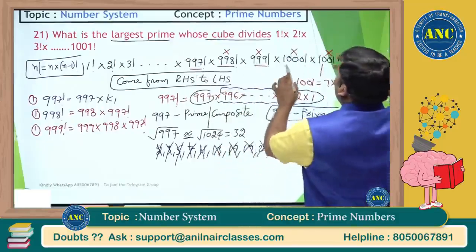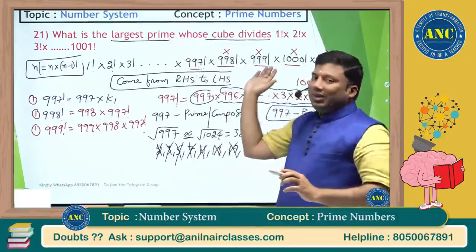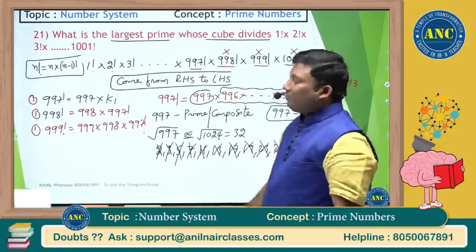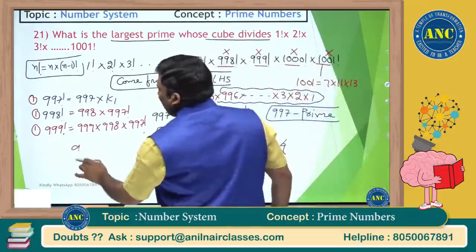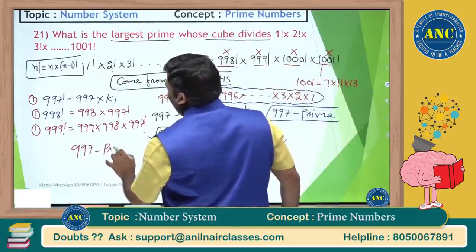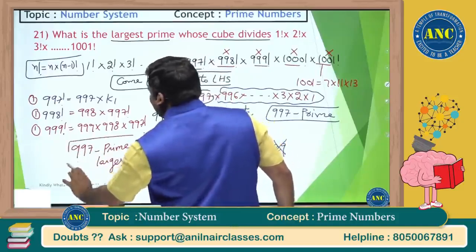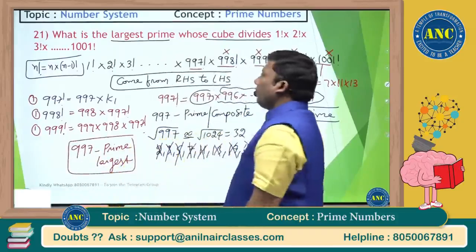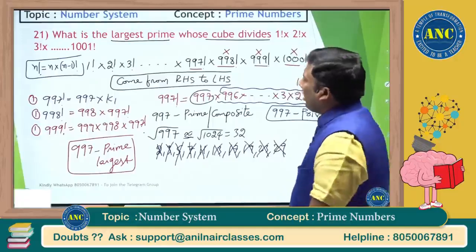So cube again it contains 1, 1. Cube perfectly. It is power 5 of 997. A power 5 is always divisible by a cube. Answer is 997. What is the largest prime number whose cube divides the product of these factorials? It is 997.